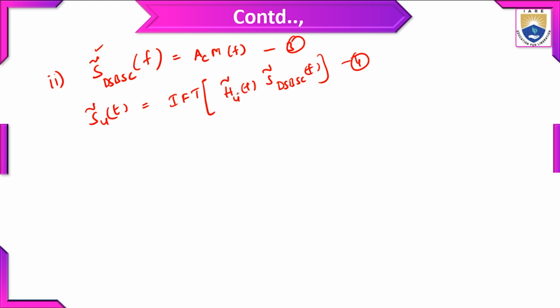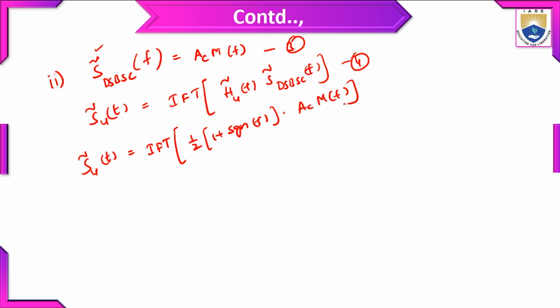You take the IFT of both and then you get the time domain S tilde U of T. So you substitute the H tilde U of F value and the S tilde DSB SC of F value. So S tilde U of T is equal to the IFT of the transfer function, 1 plus signum function of F, into AC M of F.